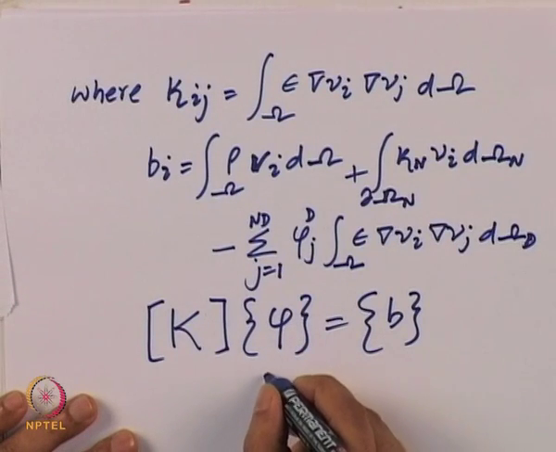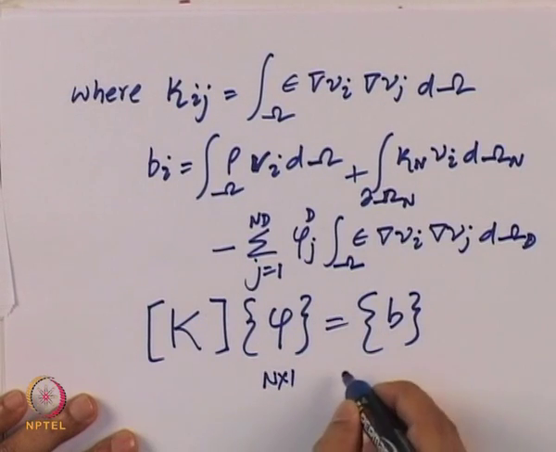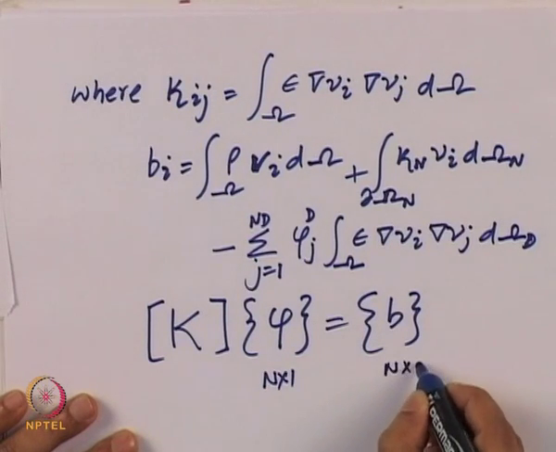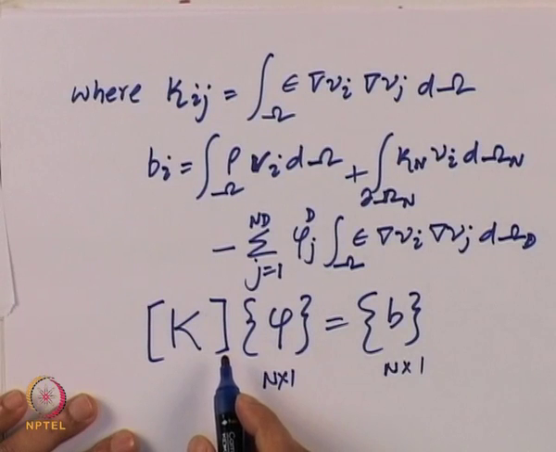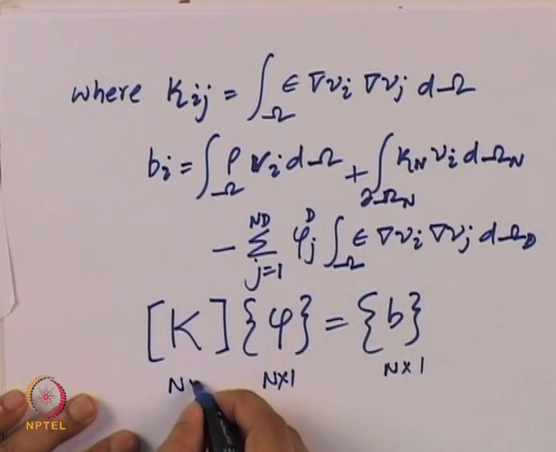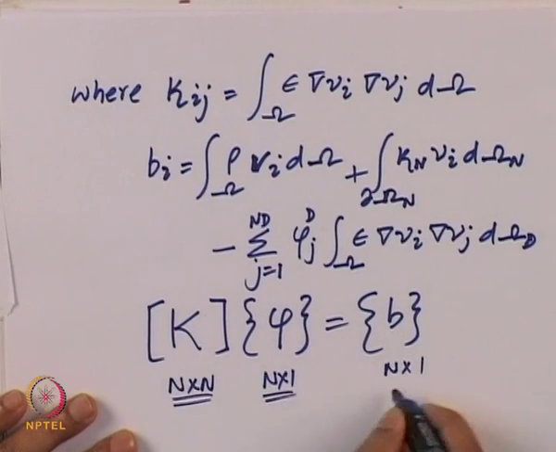Let us say the number of unknowns is n, so it will be an n comma 1 matrix, and B will also be an n comma 1 matrix, and K will be an n comma n matrix, where n is the number of unknowns, or number of points in the domain.